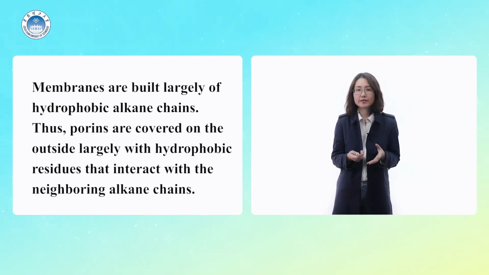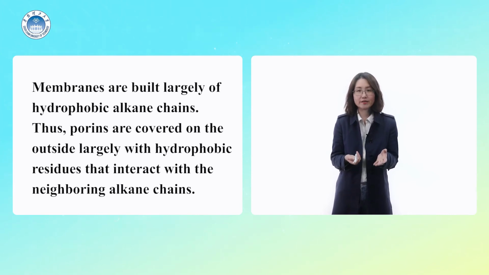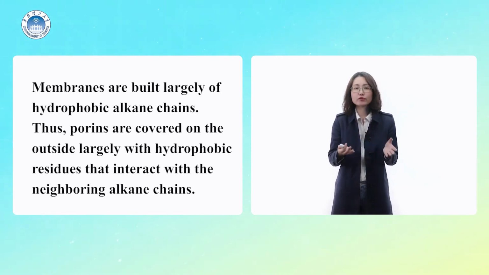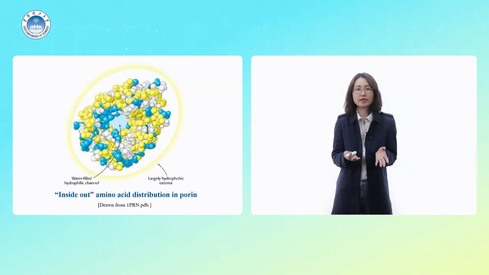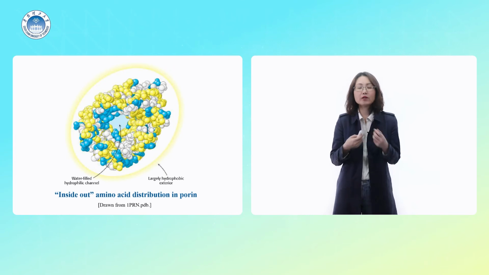Thus, porins are covered on the outside largely with hydrophobic residues that interact with the neighboring alkyl chains. In contrast, the center of the protein contains many charged and polar amino acids that surround a water-filled channel running through the middle of the protein. Thus, because porins function in hydrophobic environments, they are inside out relative to proteins that function in aqueous solution.